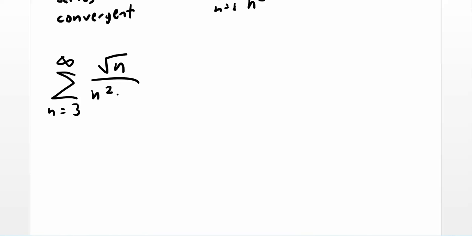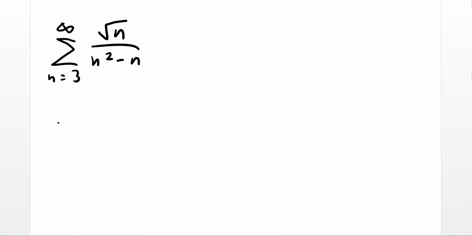Okay, let's try one more. I'm going to start this the same way. n squared minus n. I have a minus in the middle this time, so I'm going to build my inequalities a bit differently. So I'll say this is less than or equal to n squared.